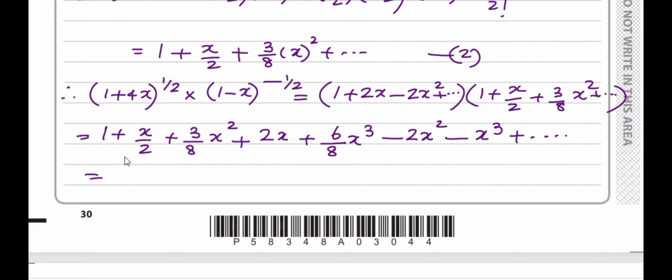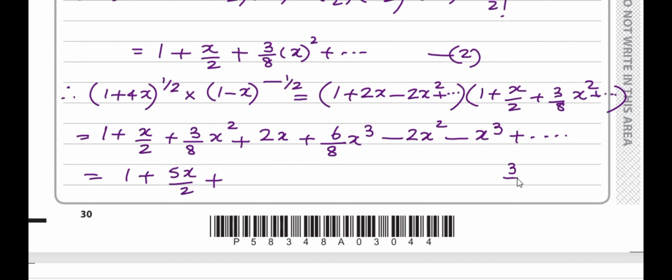So now let's simplify. So what terms do we have? So 1, there is no other constant. So 1. Okay. Plus there is an x over 2. There is a 2x. And there is no other x term. So x over 2 plus 2x will be 4x plus 1x, 5x over 2 plus. Now let's add the x square terms. 3 over 8 x square minus 2x square.